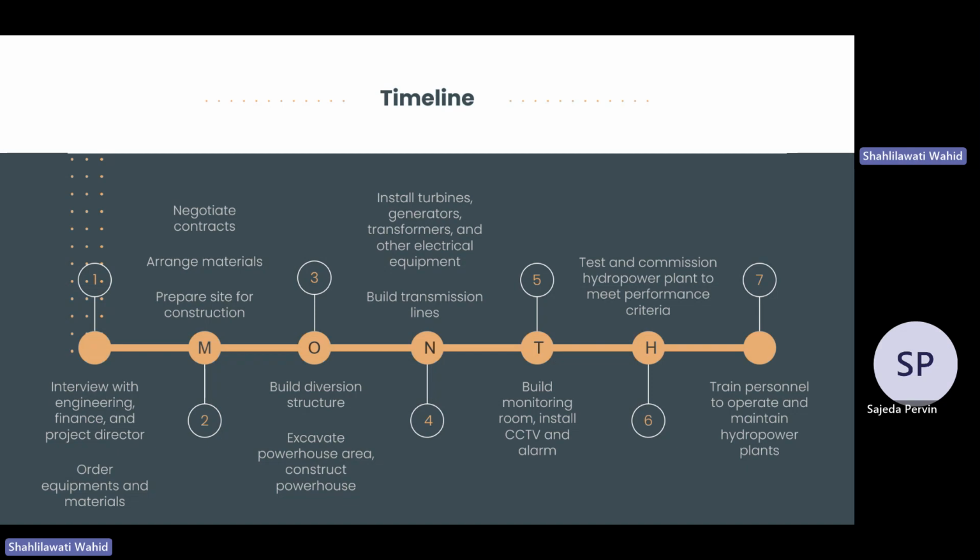In the 6th month, we will confirm whether the hydropower plant is in good condition. The process of checking will be repeated again. The most important thing is to train the operation and maintenance personnel to ensure that they operate and maintain the hydropower plant efficiently. At the end of the 7th month, the diversion hydropower plant can be officially used.